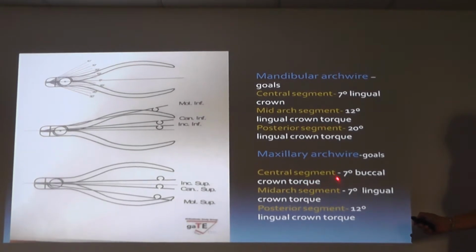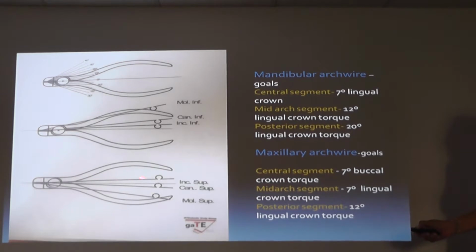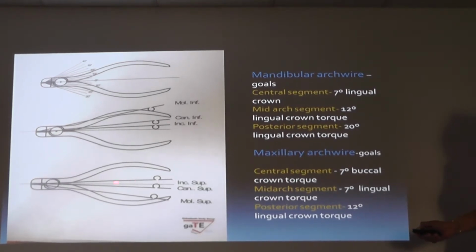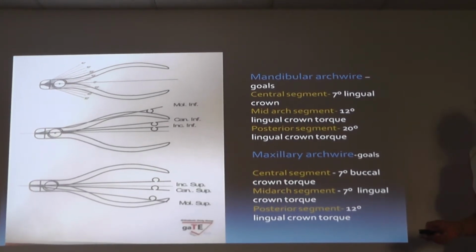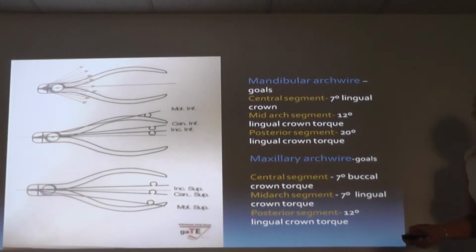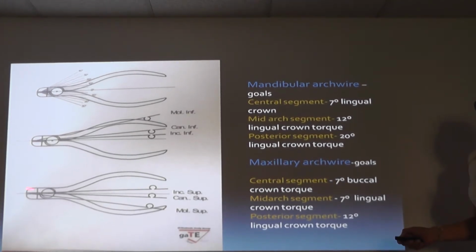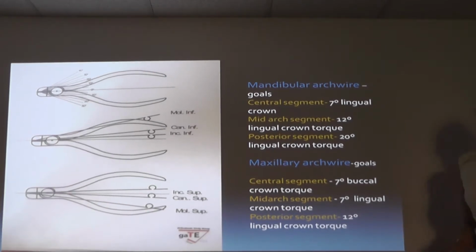For incisors we need buccal crown torque, so the distal ends of the wire will be 5 millimeters over the line, but for canines the distal ends will be 5 millimeters below the line, because it's lingual crown torque, and this will be 9 millimeters below the line.